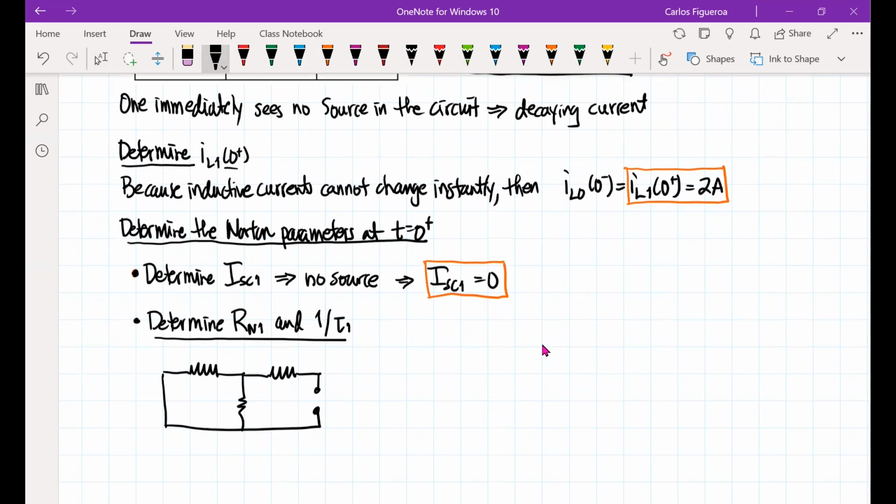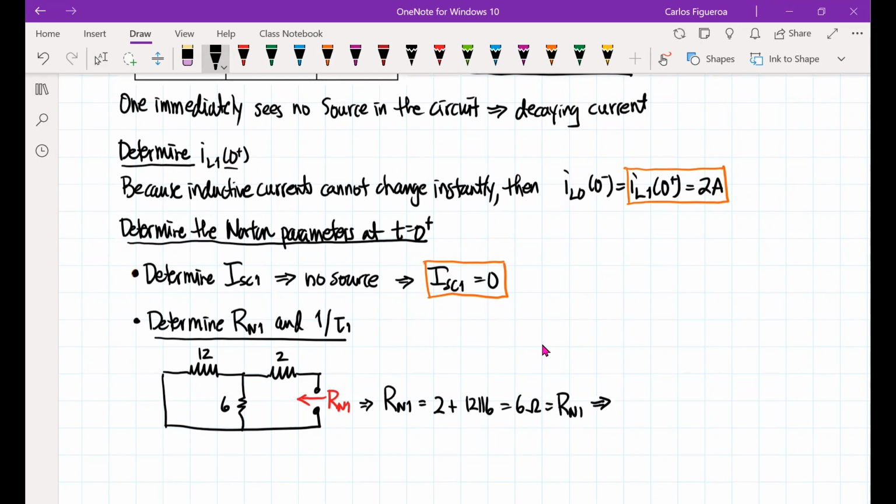And so this is the 12, the 2, the 6, and you could see that this is my Norton resistance right there. If I follow the current, I'm going to have 2 plus 12 parallel to 6. So when I compute that, I get 6 ohms for Rn1.